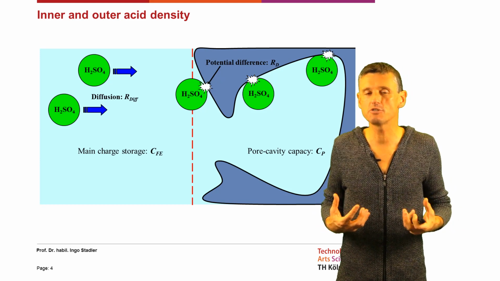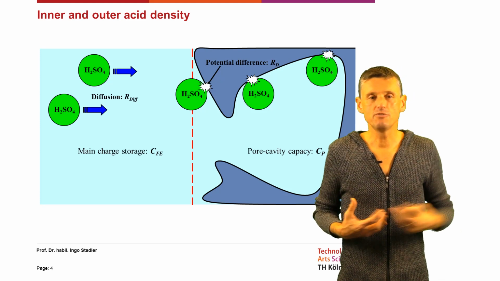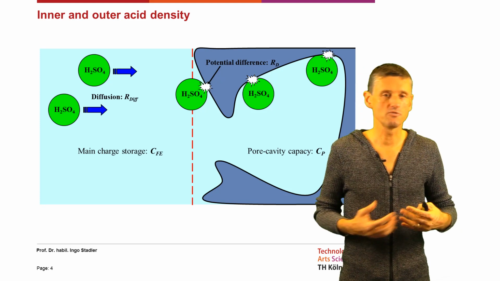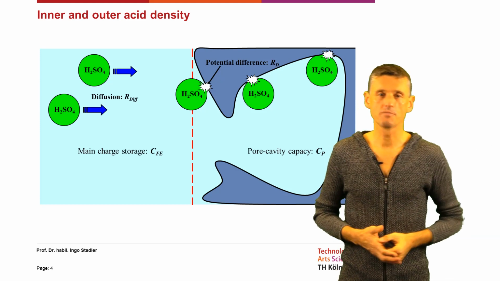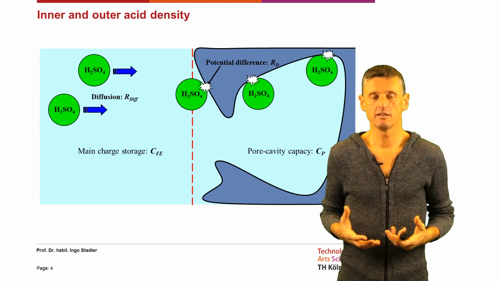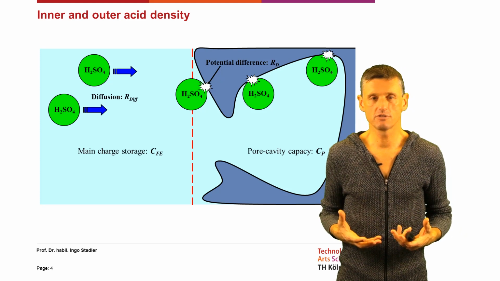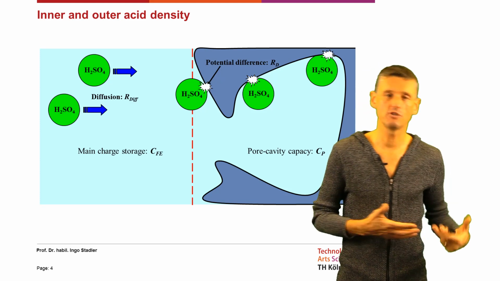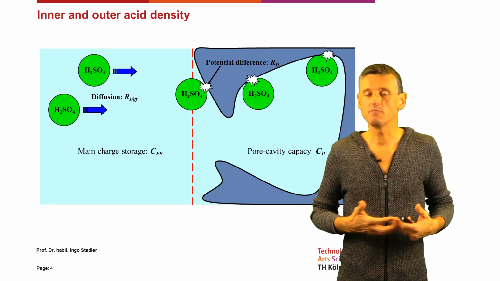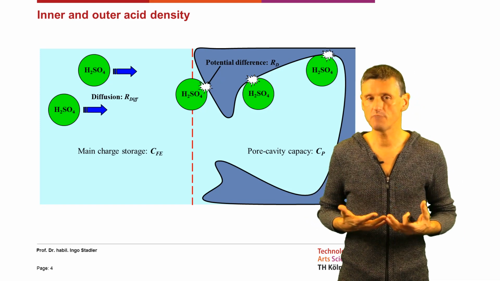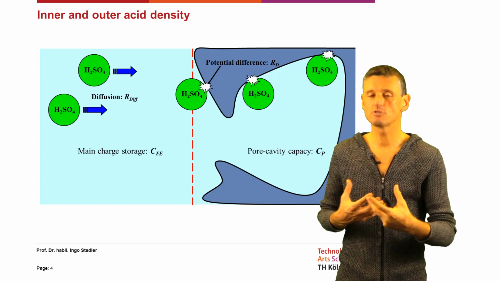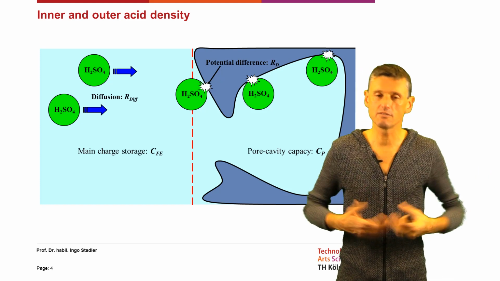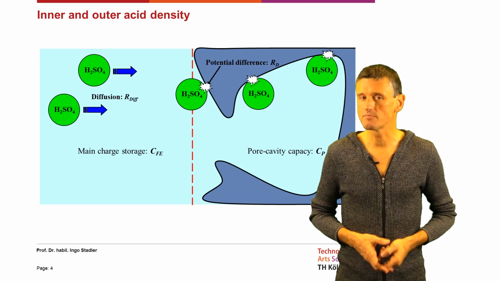When we discharge the battery, we have the diffusion of new H2SO4 molecules towards the pores, and that is different when we discharge faster or slower. That means when we stop discharging the battery, we still have a diffusion current going towards the pores, resulting in the voltage increasing again.